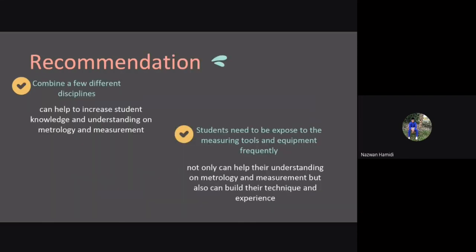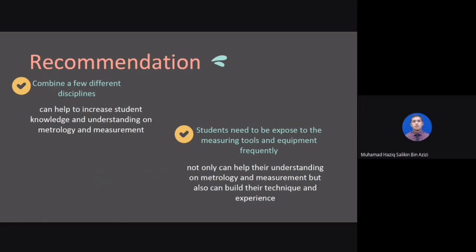Okay, my name is Haziq and I will continue with the recommendation part. As we know, metrology and measurement is still a vast area that has various disciplines of science and technology. So one of the recommendations is a combination of a few different disciplines.